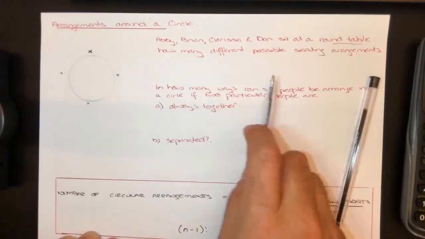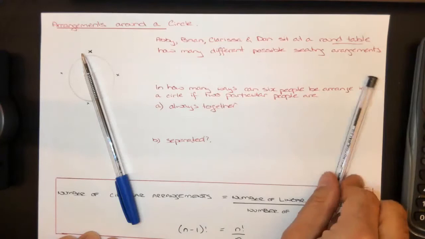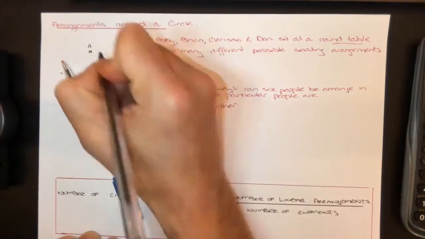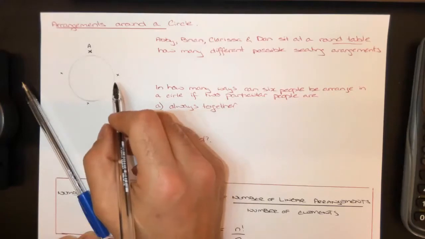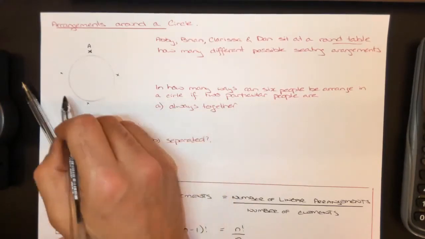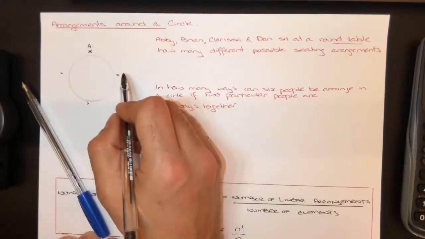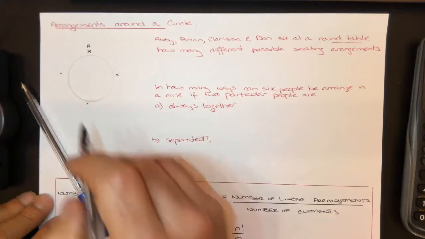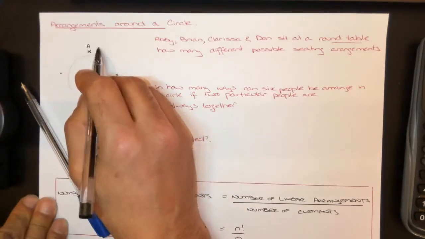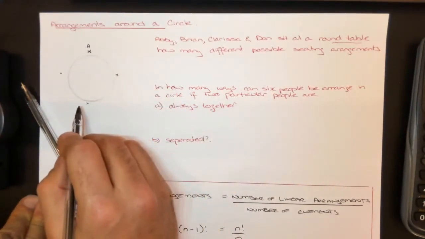But if we moved it around, so if Abby started here, then it could be Brian, Clarissa, Dan, or Clarissa, Dan, Brian. If we were to move them around, the arrangement wouldn't change.